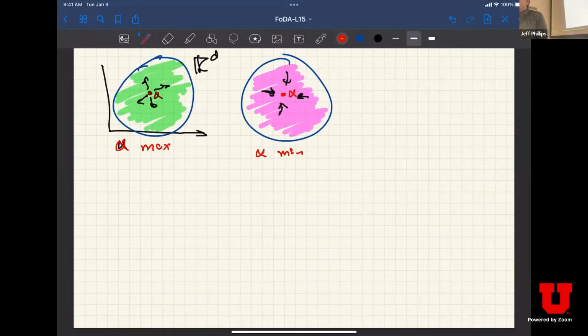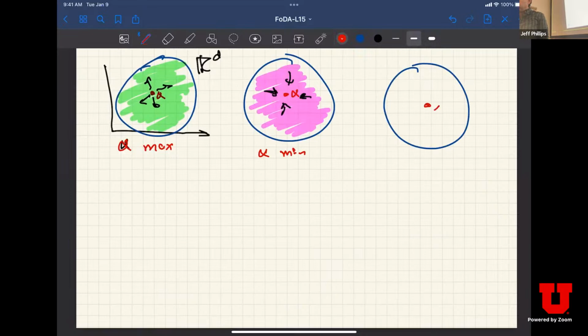Most points, if I look at most local neighborhoods of the function around alpha, there's going to be some property where the function values are decreasing across this line. The black curve is meant to represent all the points P that have the same value as alpha.